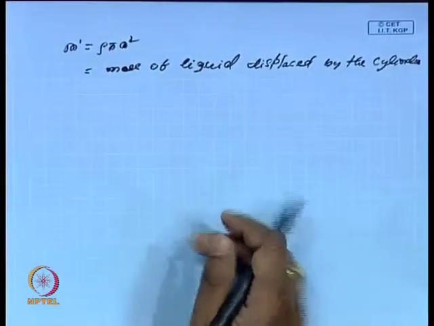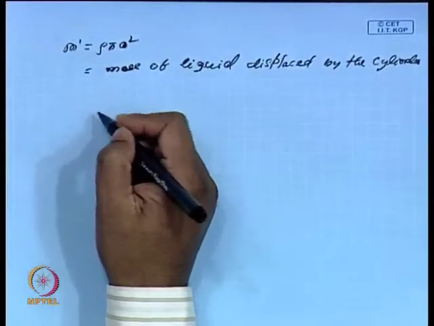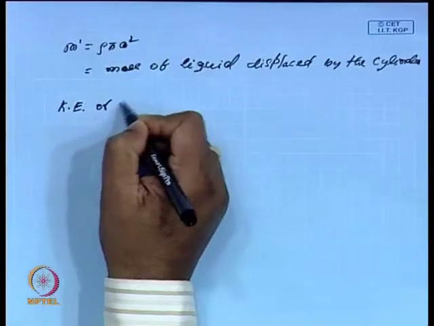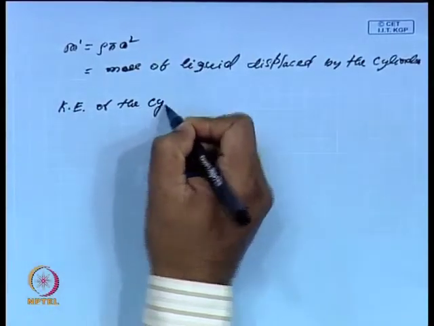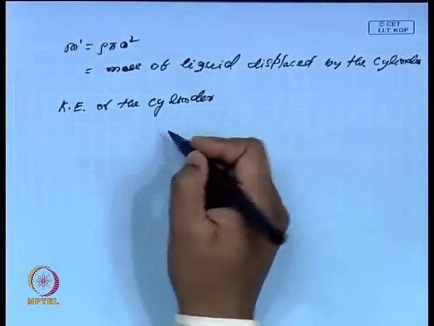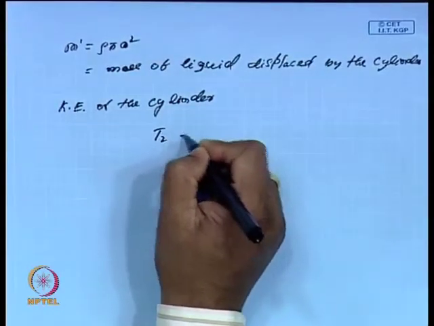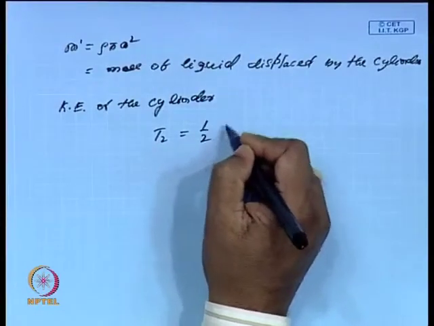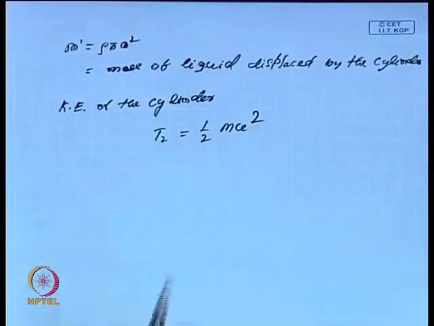Now, if I look at the kinetic energy of the cylinder, because the cylinder is moving with speed u, and if I call m the mass of the cylinder, then that will give me T2, half m u square, because u is the speed of the cylinder and m is the mass of the cylinder.